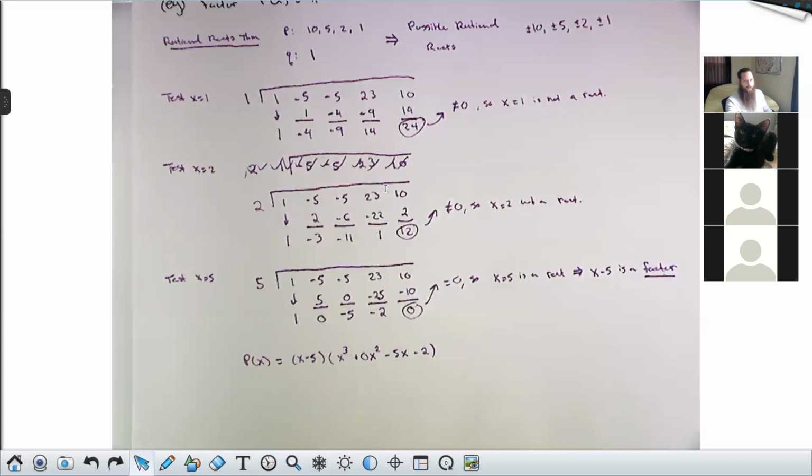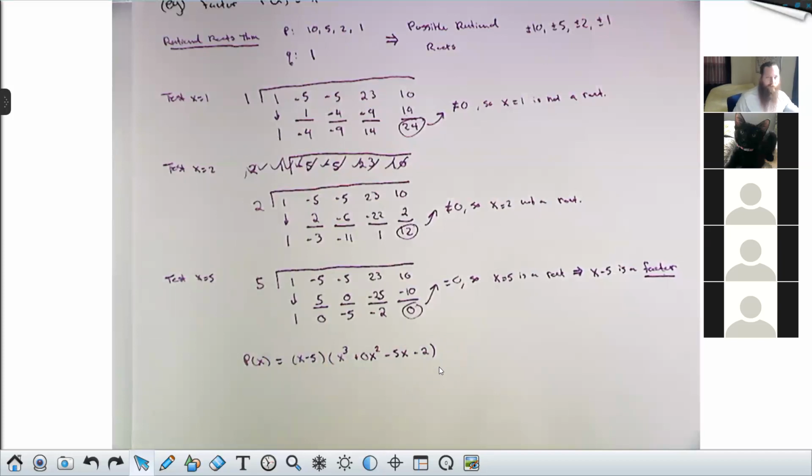Not a quadratic. So the factor that's left over after I pull out the x minus 5 factor isn't something I can factor by hand. So what should I do? Synthetic division. Right. Yep, we just keep doing more of the same.